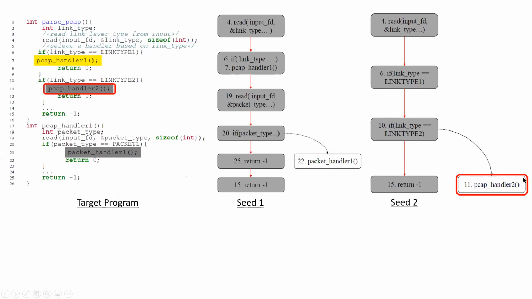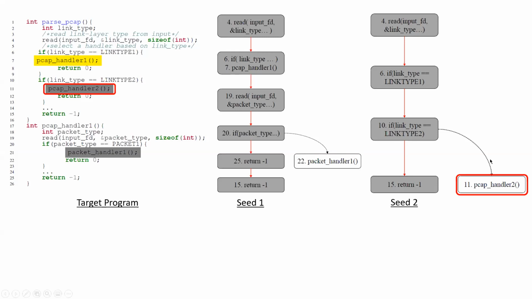The buggy code is the red one, pcap handler 2. So in line 10, we need to make the branch true. But how do we know pcap handler 2 is buggy?